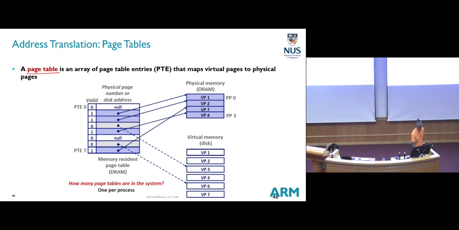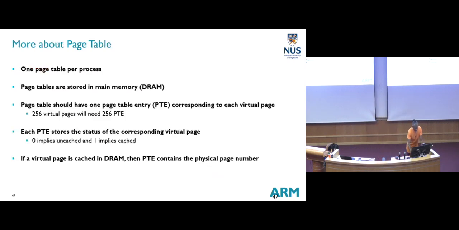At the same time it contains an additional bit called a valid bit. So what is the valid bit? It tells me whether the page that I want is still in the hard disk space or is mapped over to the DRAM already.